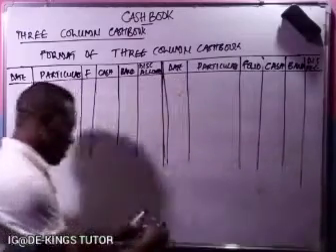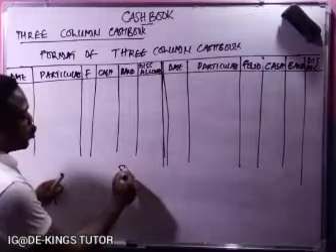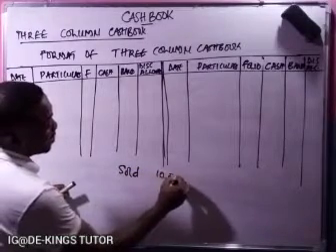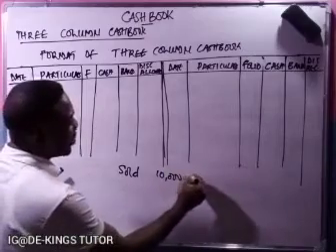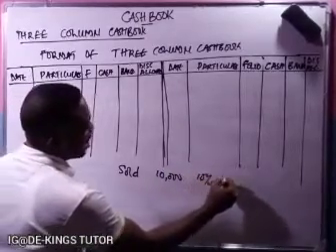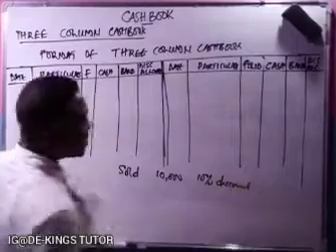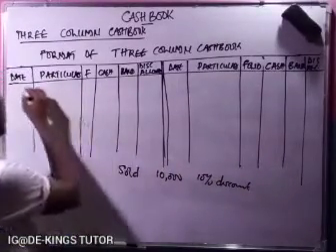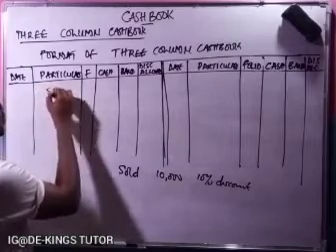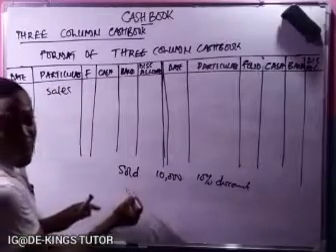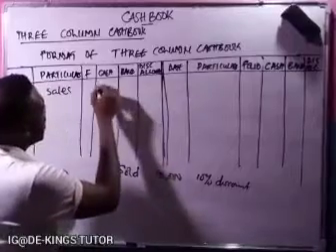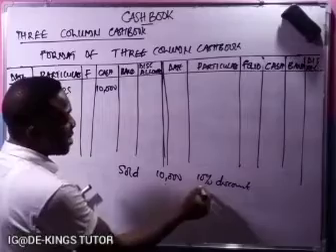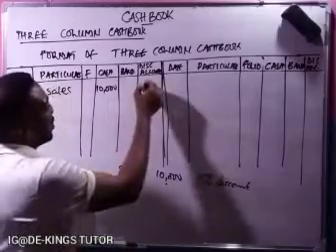For instance, if they said you sold goods for cash, let's say 10,000, and you gave 10% discount. It means that if you are writing now sales, because it is sales, you receive the money, cash 10,000, then the discount you allow, 10% on 10,000, will give you 1,000.